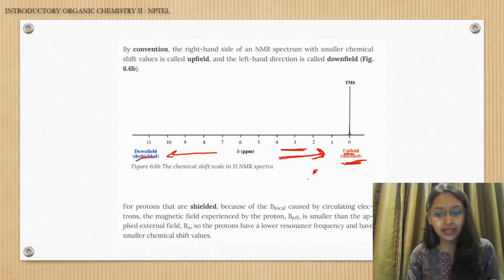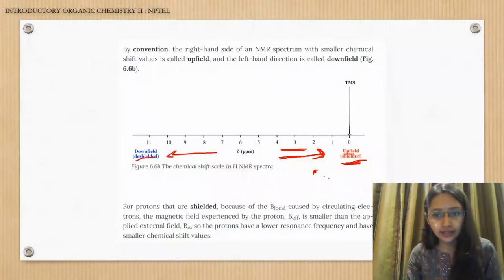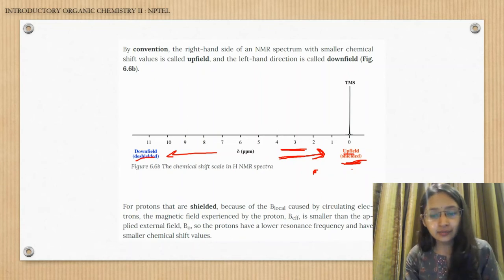As we have talked about on the delta ppm scale, if a proton is coming at this shielded region, it has a high electron density, due to which the secondary magnetic field is very high. That is why it is opposing the applied magnetic field.